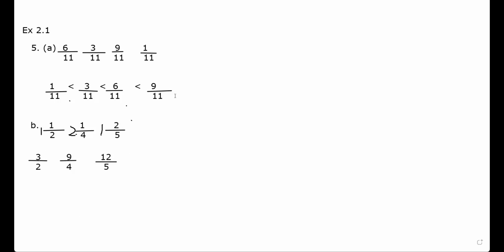So write down the statement: taking the LCM of 2, 4, 5. We need to take the LCM, my dear students. As you can see, how you have to take the LCM is a very simple step.